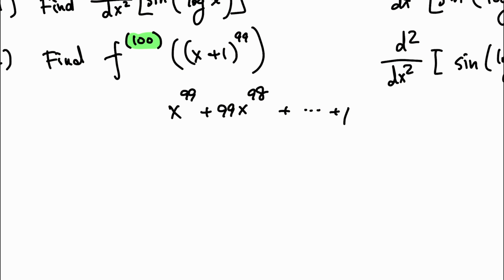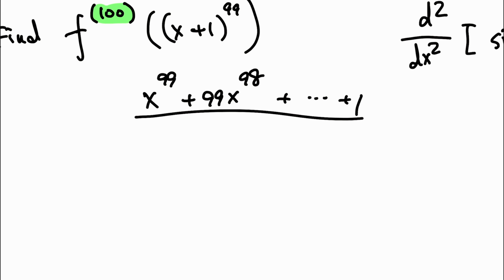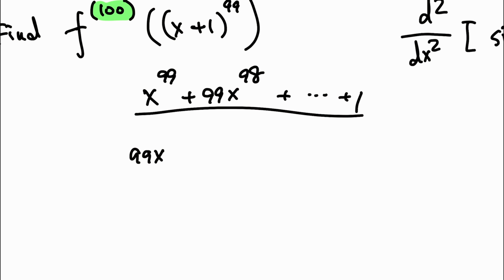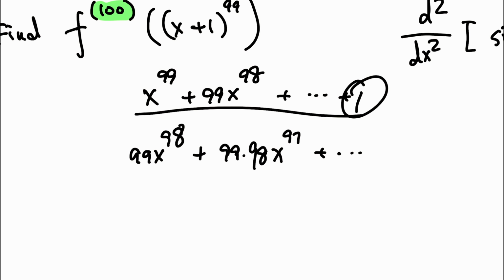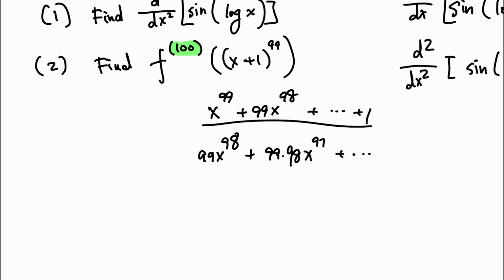So for example, if we differentiate this thing, we will get 99x^98 plus 99 times 98 x^97 plus dot dot dot, and then the 1 just is gone. And this thing has a degree of 98.